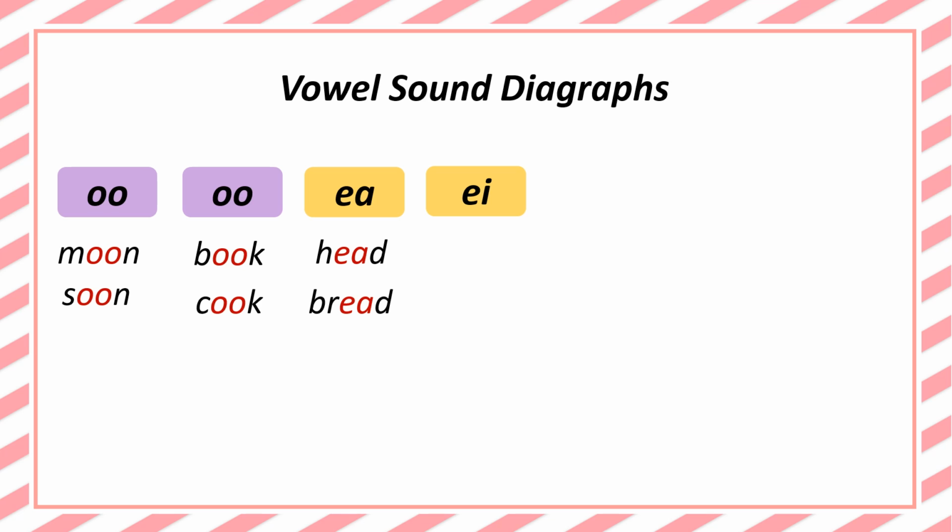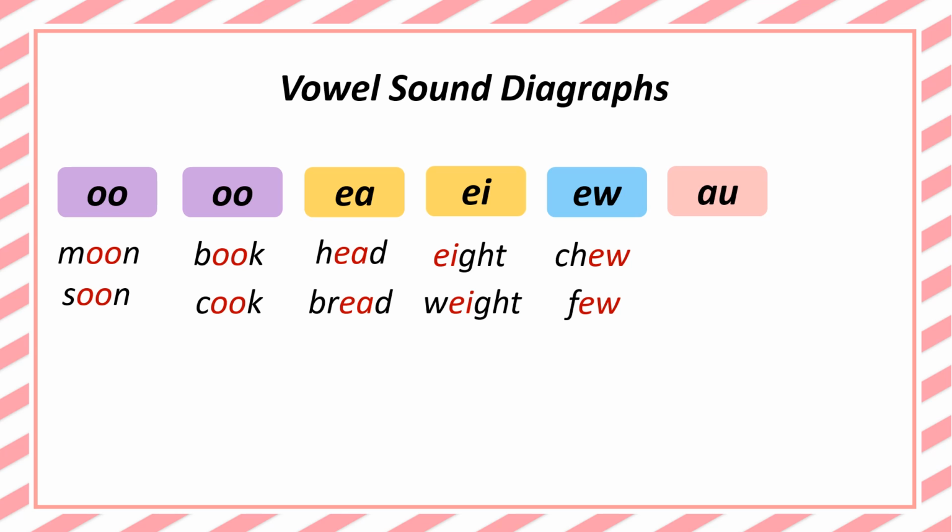EI together makes the sound of A, as in eight, wait. EW, as in chew, few. AU makes the sound of aw, as in author, because. AW also makes the sound of aw, as in jaw, saw.